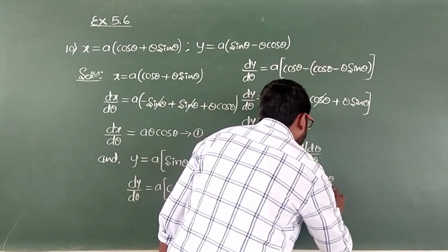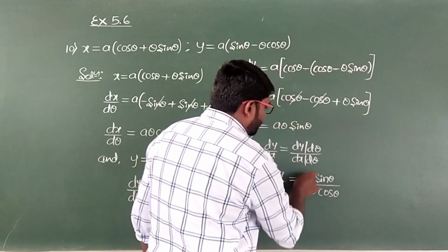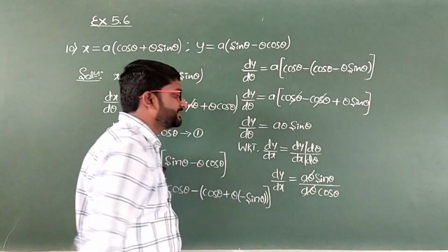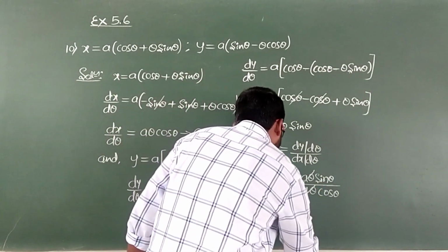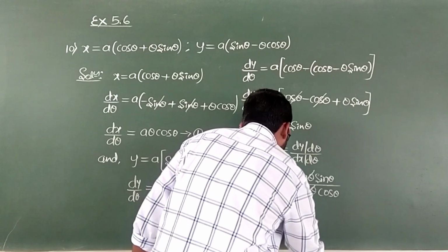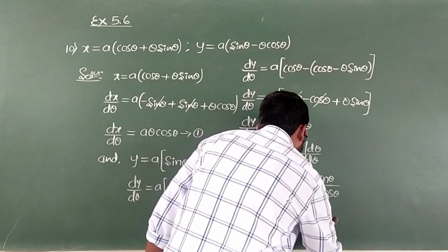Here a theta and a theta cancel, and sin theta by cos theta is tan theta. Overall we get dy by dx equals tan theta.